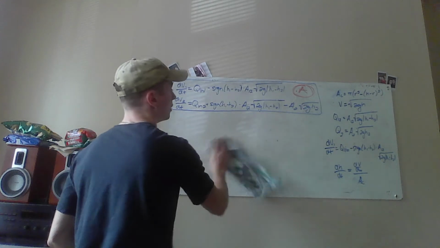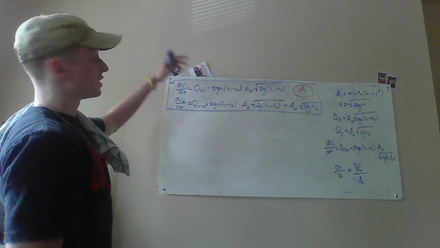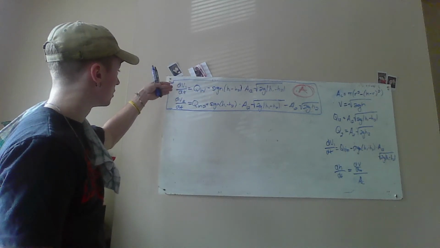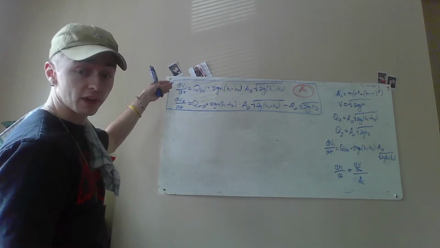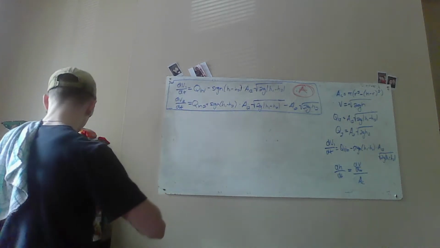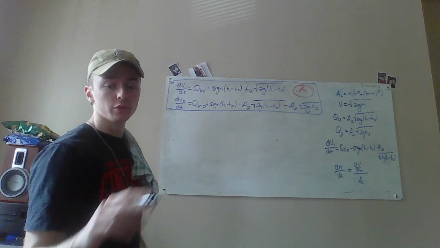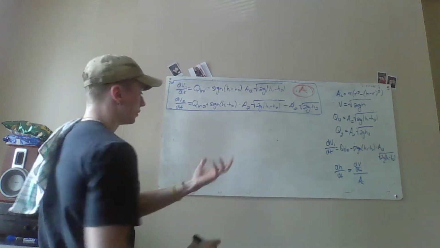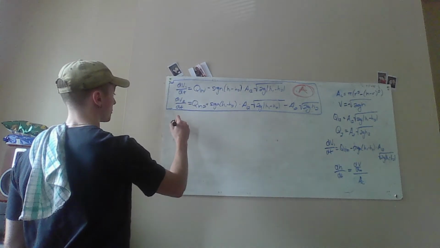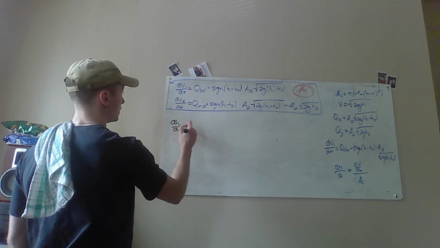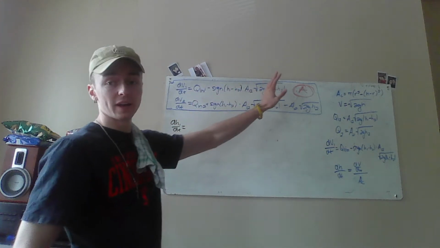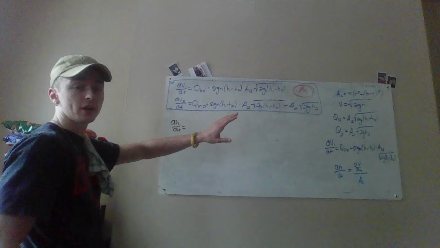So, since we have the flow rate for tank 1, we can say that the variation of fluid height with respect to time for tank 1 is going to be equal to all of this divided by the cross-sectional area, which I will write out now.